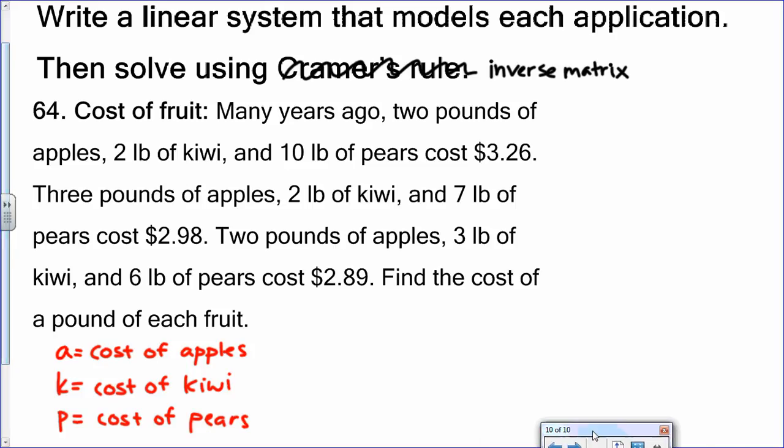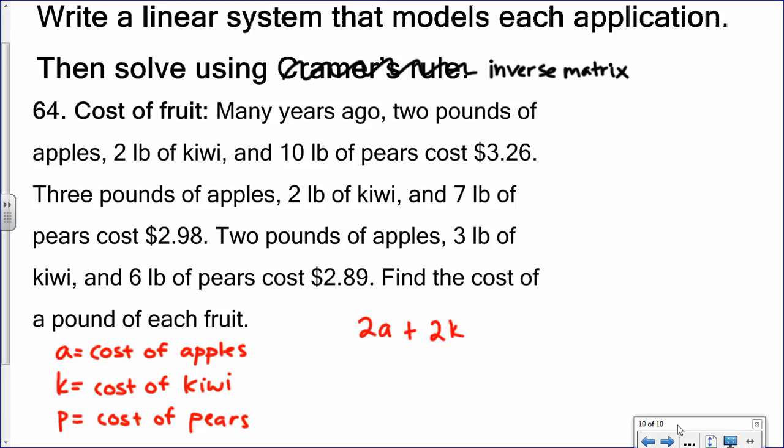Okay, so again, the equations are pretty easy to set up. It's kind of written in order for you. So the first one, 2 pounds of apples, 2 pounds of kiwis, and 10 pounds of pears costs $3.26. That's 2 times the cost of apples plus 2 times the cost of kiwis plus 10 times the cost of pears.